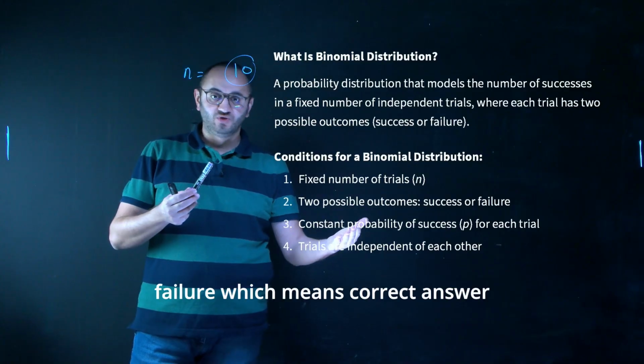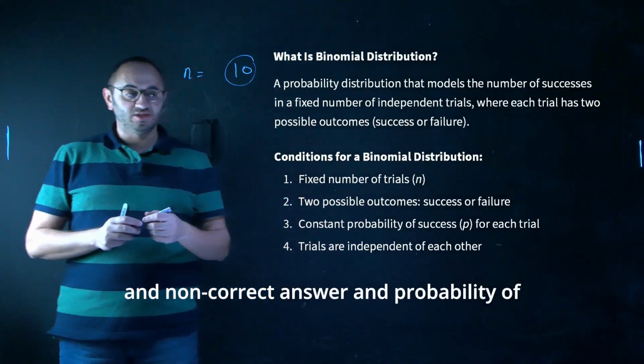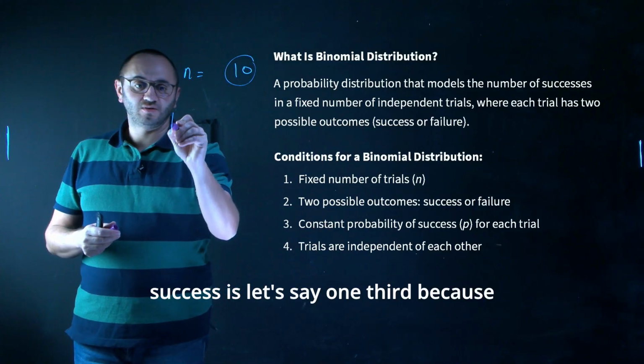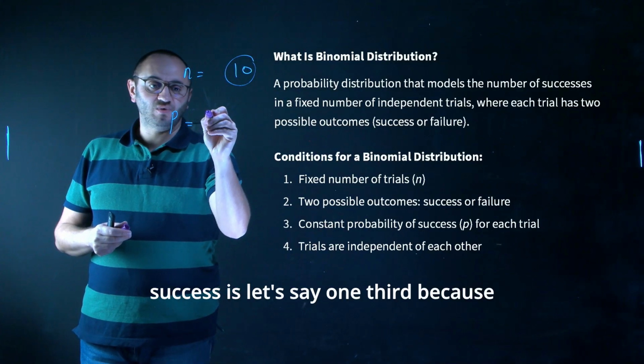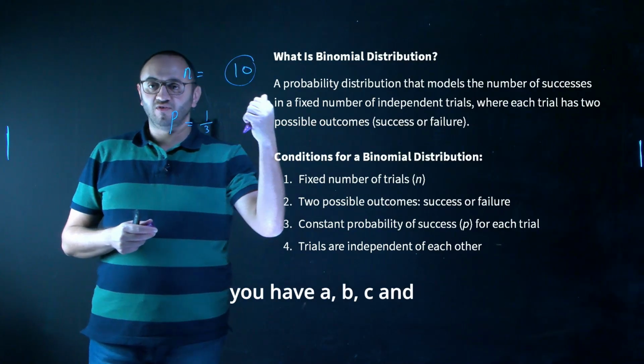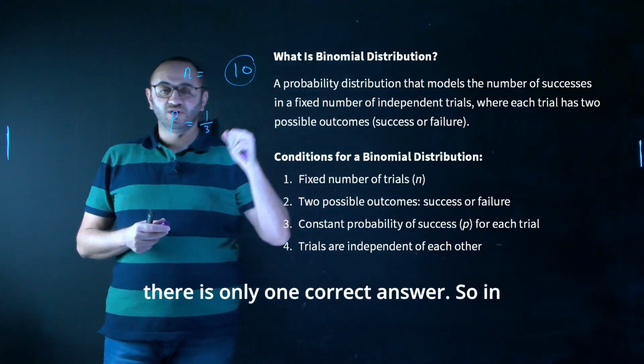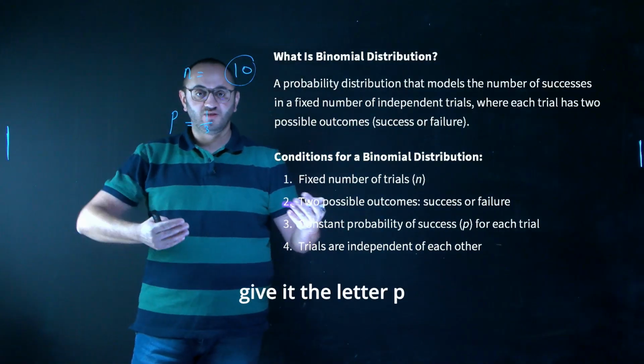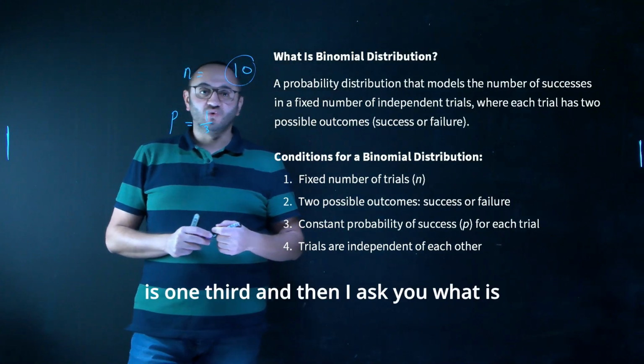Which means correct answer and non-correct answer. And the probability of success is, let's say 1/3, because you have A, B, C, and there is only one correct answer. So in this case, the probability of success, which we give the letter P, is 1/3.